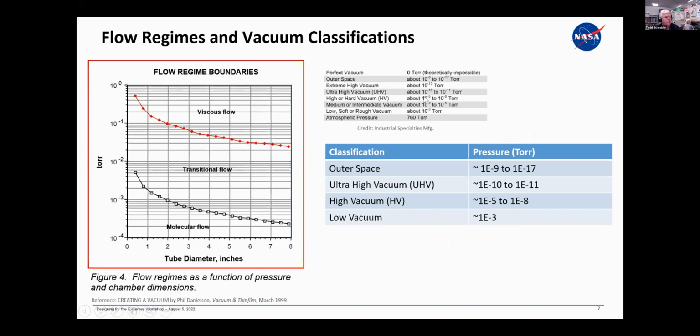the different vacuum regimes. This upper right table is a little hard to read, so I broke out a few interesting things here in a little bit easier to read format. And so if we start with low vacuum, that's roughly speaking about a millitorr, okay? High vacuum, then we would talk about kicking in at around 10 to the minus 5 torr to 10 to the minus 8 torr.